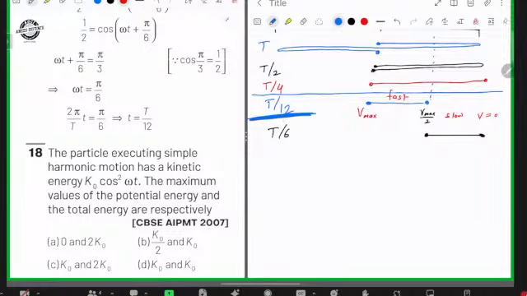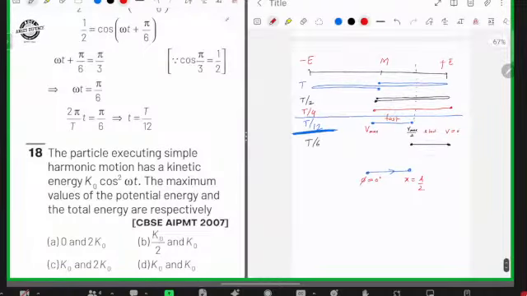For T by 12, the particle starts from mean position and goes to the middle point of extreme and mean position. So see, the particle goes from this point to this point. Initially, the particle is at mean position, therefore initial phase is 0. Because what I told you, when the particle starts from mean position, the initial phase would be 0. And the particle is reaching up to the middle point of mean and extreme position. Therefore, the final displacement of the particle will be equal to A by 2.